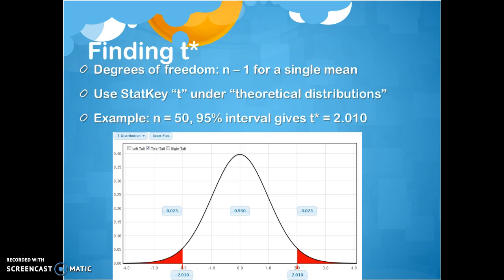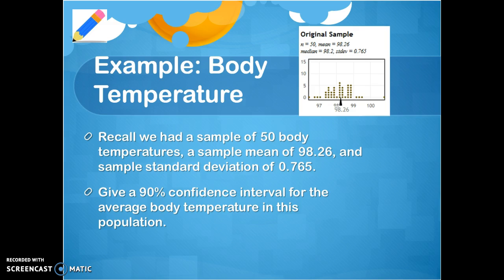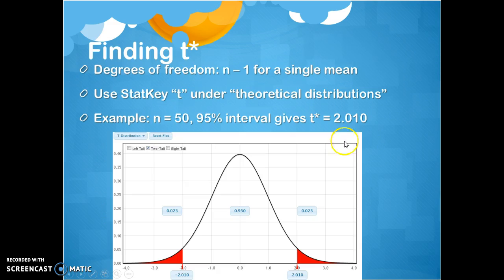So hopefully you're starting to see that it makes sense that we're covering about the same area under the curve for the normal distribution, for the bootstrap distribution, and for these different t-distributions. It's all the same thing. So anytime you need to find a confidence interval, you need to find what t-distribution you're working with based on the degrees of freedom.